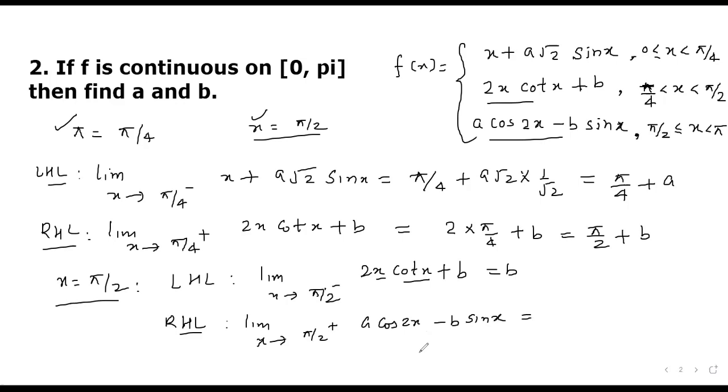It will become a cos pi minus b sine pi by 2, which is 1. So cos pi is minus 1. This will be minus a minus b.